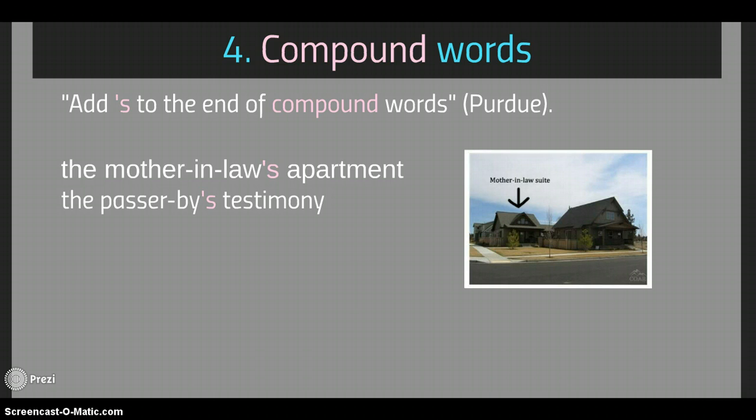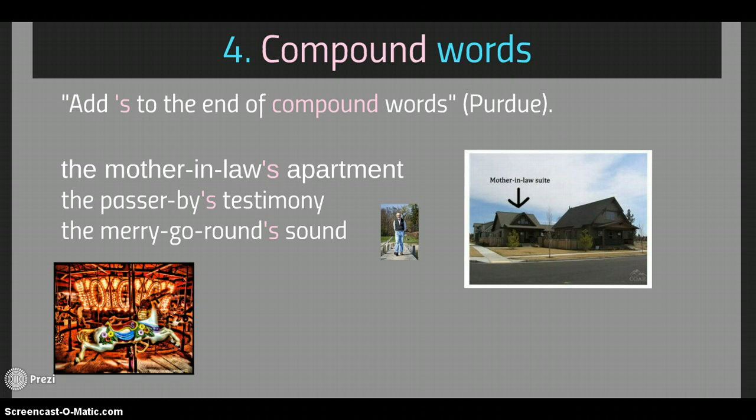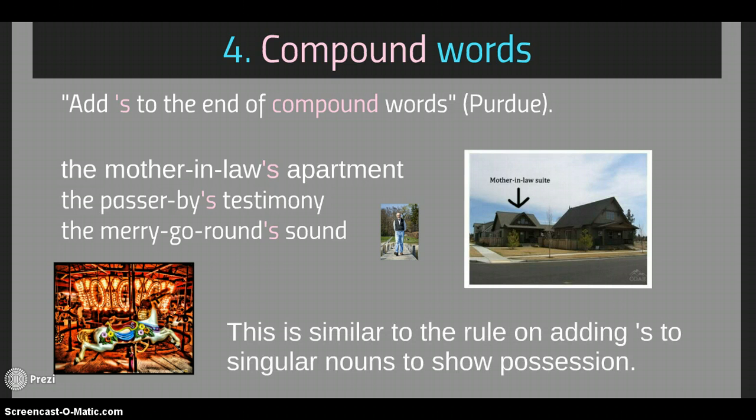We have one passerby, and we need to just add an apostrophe S after the word by to show that we're talking about his testimony. The merry-go-round's sound. Again, we have one merry-go-round. We're going to add an apostrophe S after the word round to show that we're talking about this merry-go-round's sound. This is very similar to the rule on adding an apostrophe S to singular nouns to show possession.